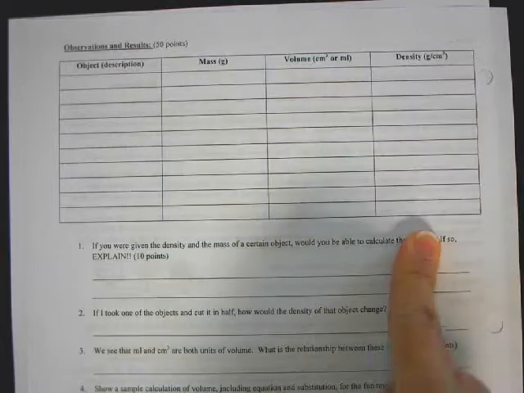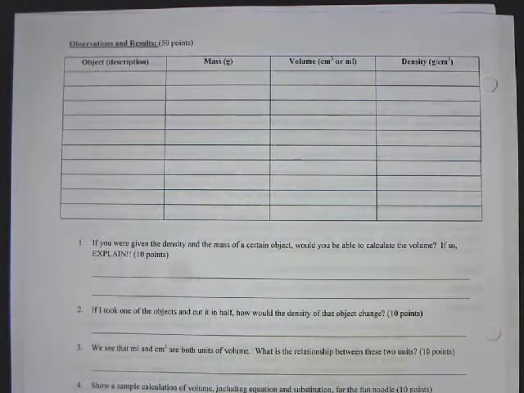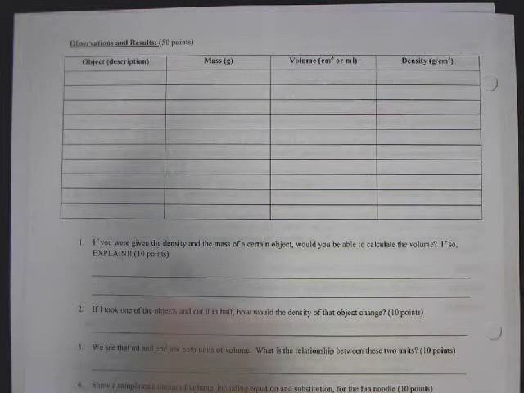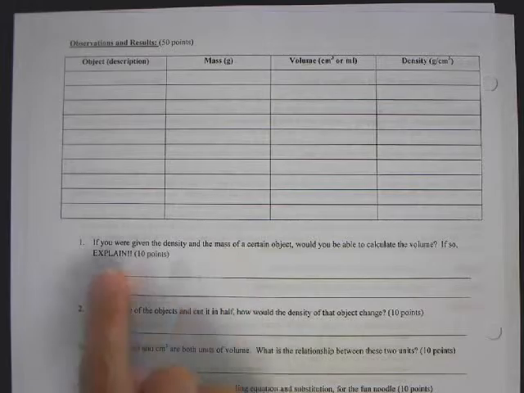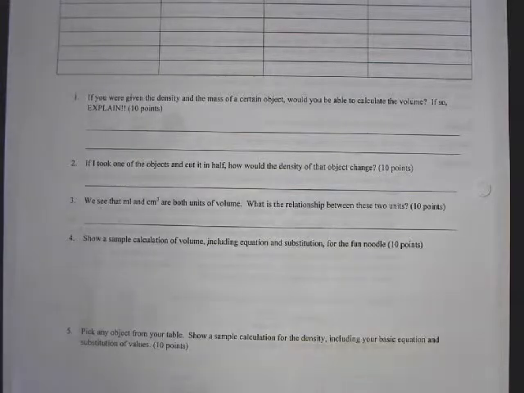Now, in this class, whenever you do a lab, you have to answer the questions in complete sentences. You don't just put one word. Every time we do a lab, I don't need to see 10 times you calculating density. I need a sample calculation.